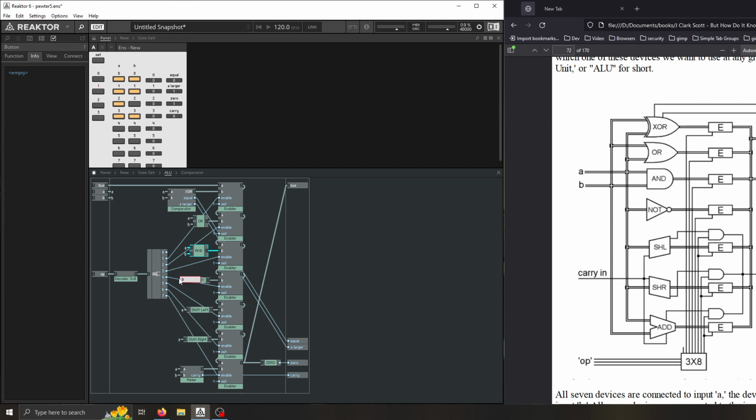And then 4 is a NOT. Whoops. This is 4. So if A is on, but B is not on, then it's false. So if they're both true, then it's going to turn out false. That's kind of how NOT works.